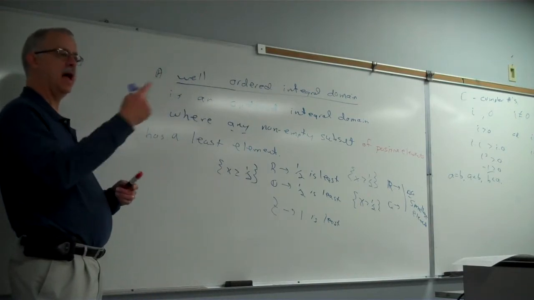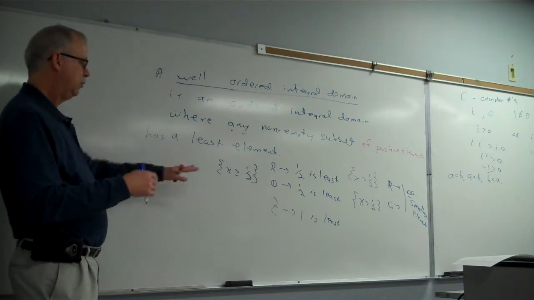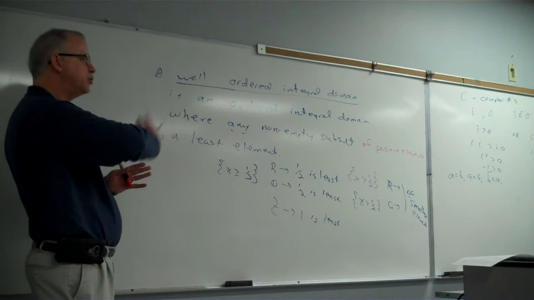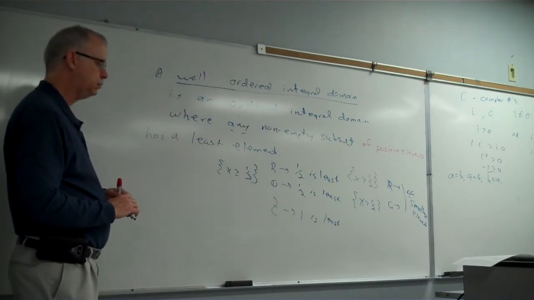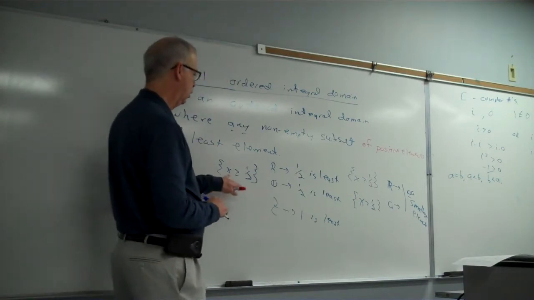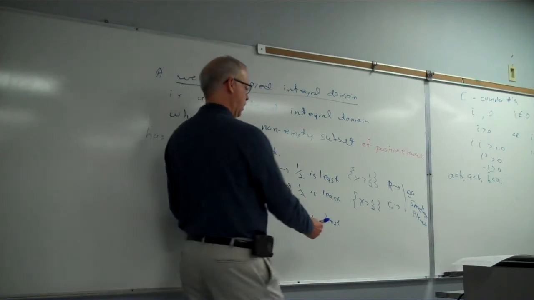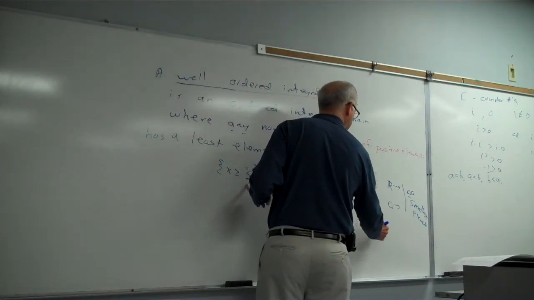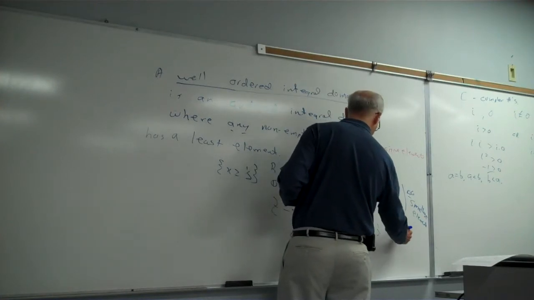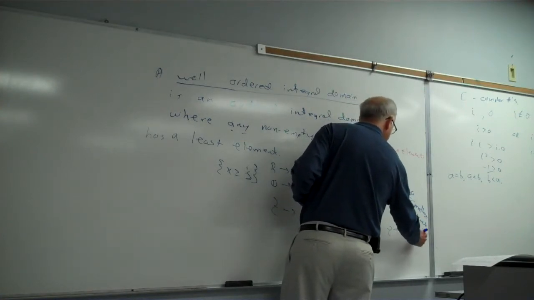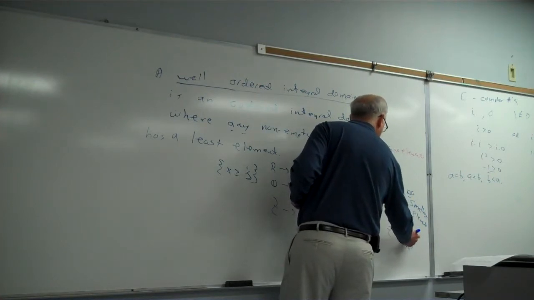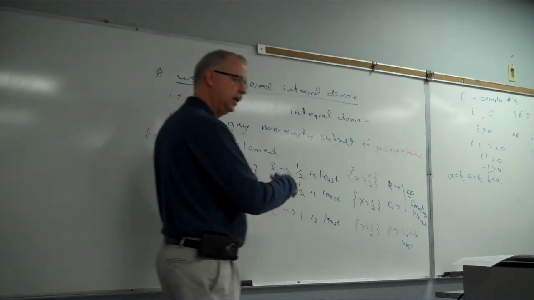Because you're right, if we look at x less than 1, the integers would have a problem. But if we're looking at some positive integers, a positive set. So here, changing this to x greater than 1/2 doesn't change the fact that 1 is the least positive integer in that set.